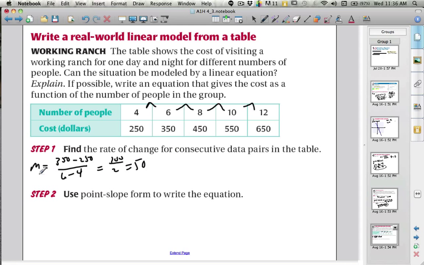Well, that's the first slope. If we do the second one, I'll have 450 minus 350 over 8 minus 6. That's also 100 over 2, which is 50.